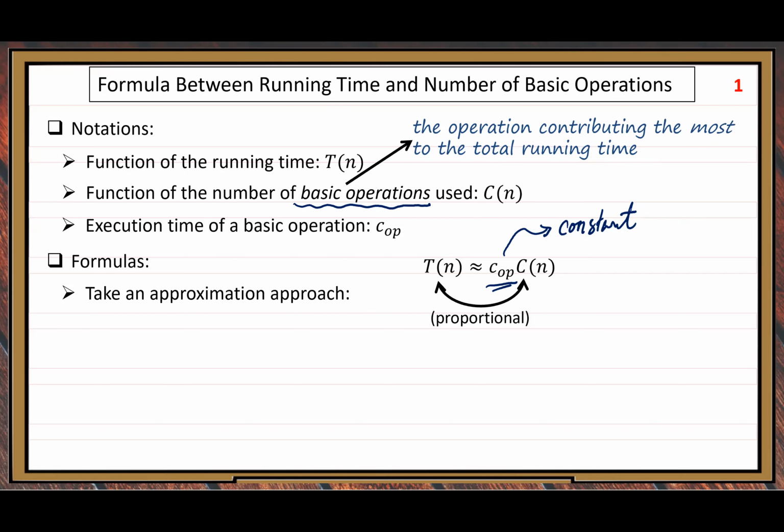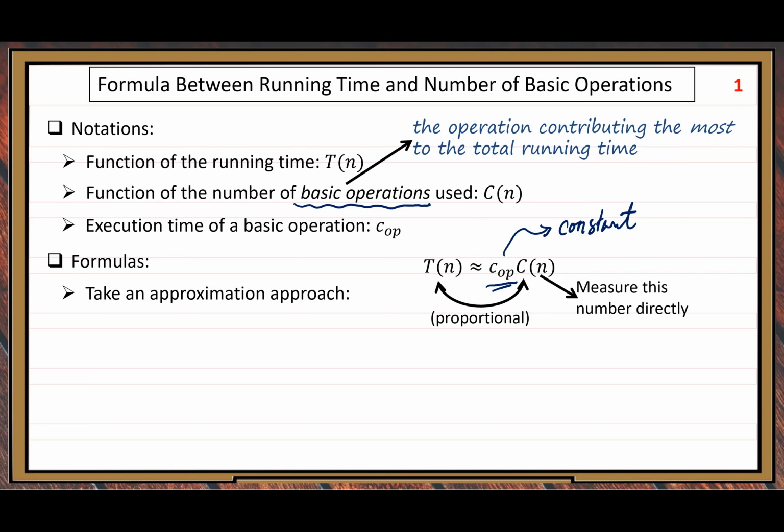Their values are proportional. That's the simple property we can observe. This relationship gives us a chance to use the C function to measure the running time function T of n.